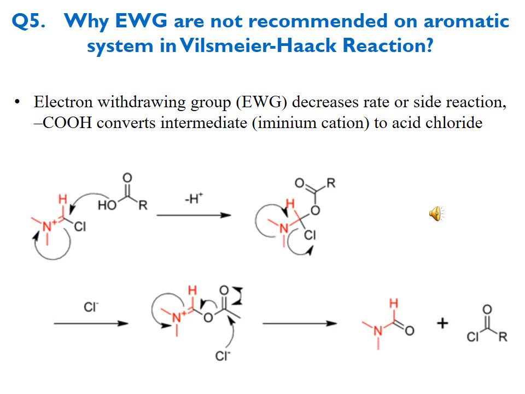Therefore electron withdrawing groups are not suitable, and another important thing is that they also decrease the rate of the reaction.